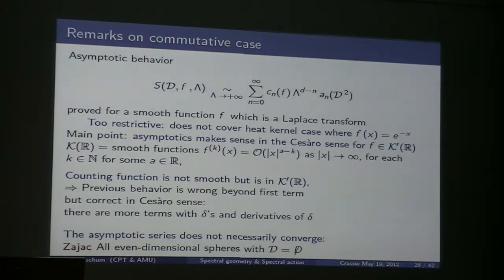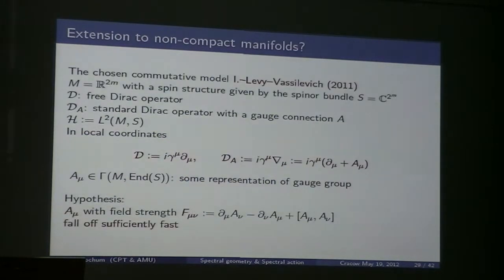And strange enough, all odd spheres have a convergent series, but even more than that, you have only a finite number of terms. So you see, you want to extract physical information from that, but here you have something which is not really defined. So you have to be really careful about what you are telling.